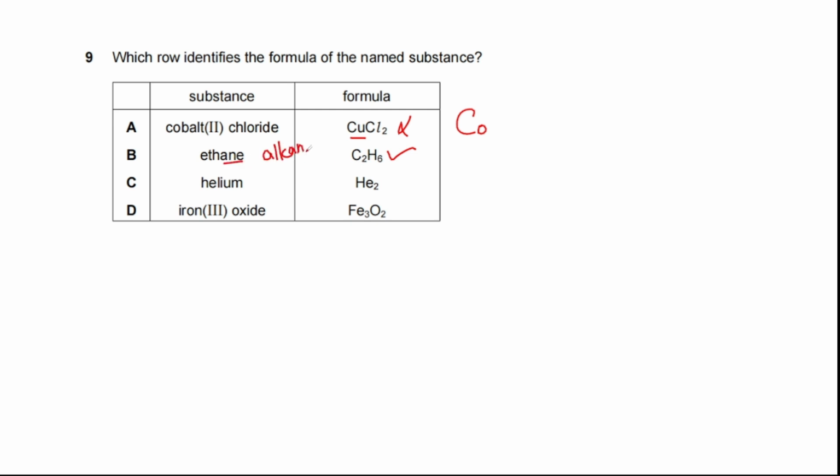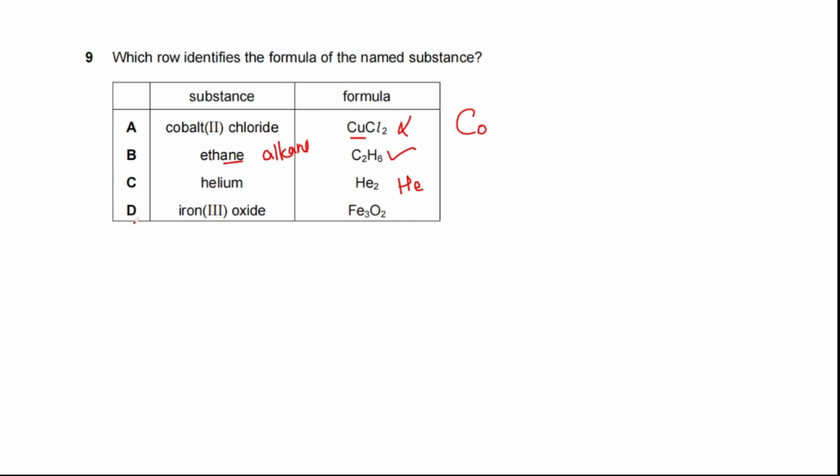So it's correct. And for C, it's helium. Helium is a noble gas, and it's not a diatomic molecule, it's monoatomic. Just He is fine. It cannot bond with any other helium atom.